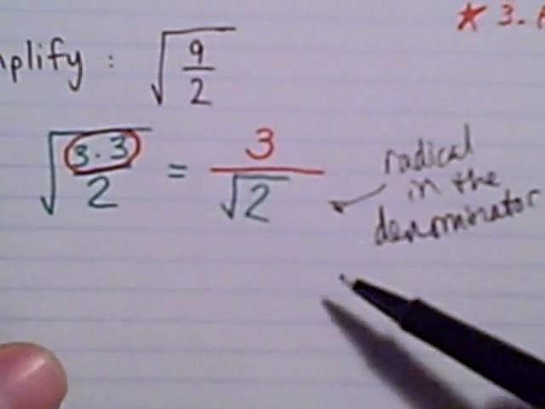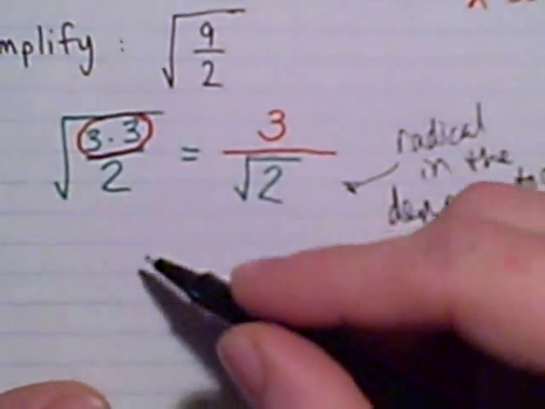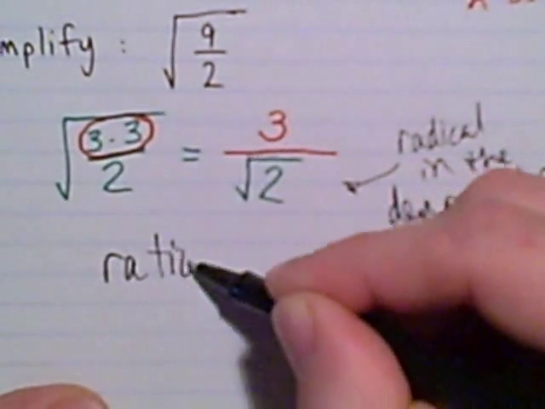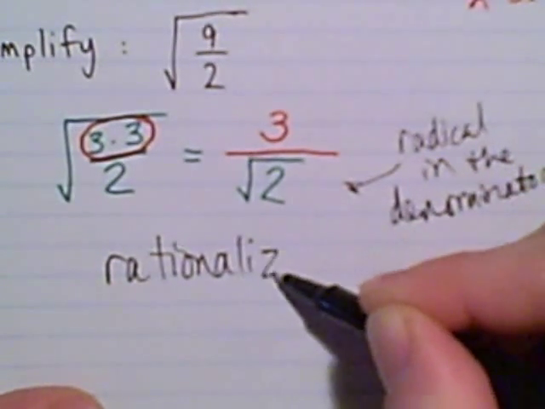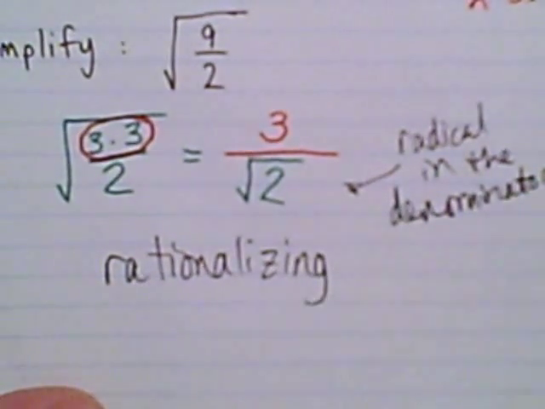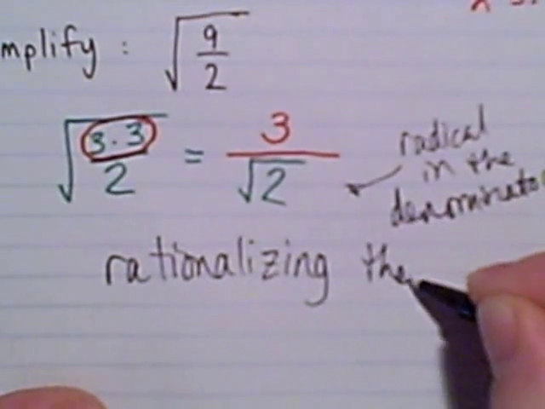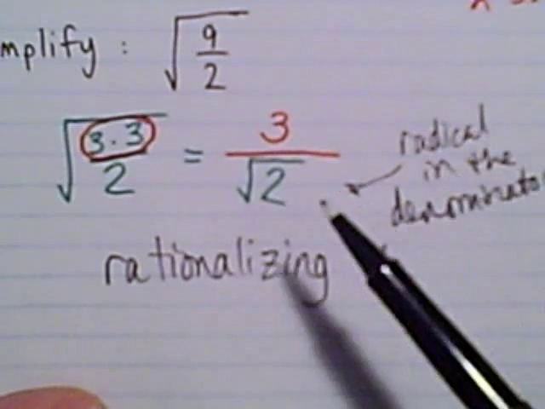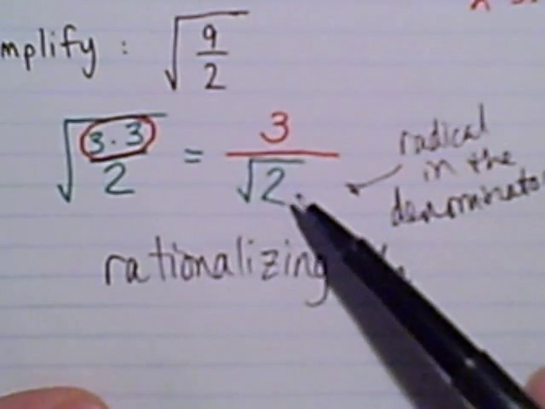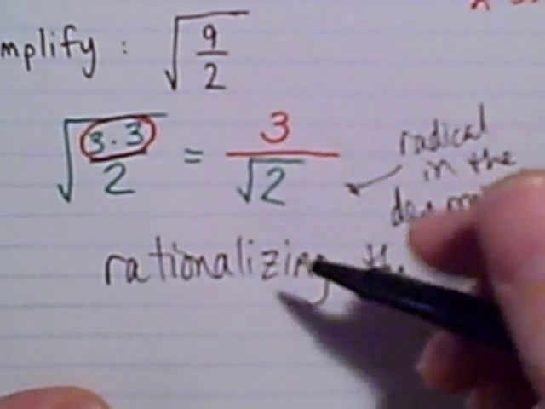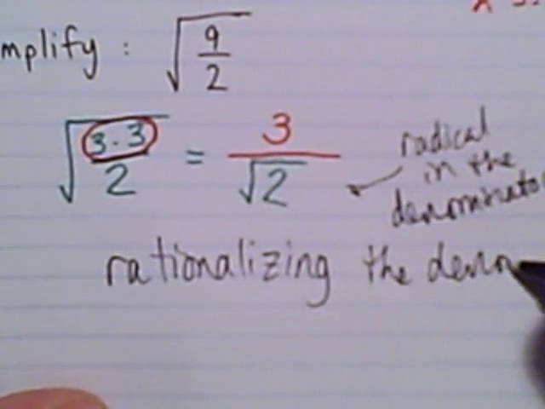So this is leading us to our very next idea, which is rationalizing the denominator. So understand that this problem is not finished. What it calls for is for us to rationalize the denominator. And we know that it's not finished because we see a radical in the denominator. So rationalizing the denominator, that's what's next.